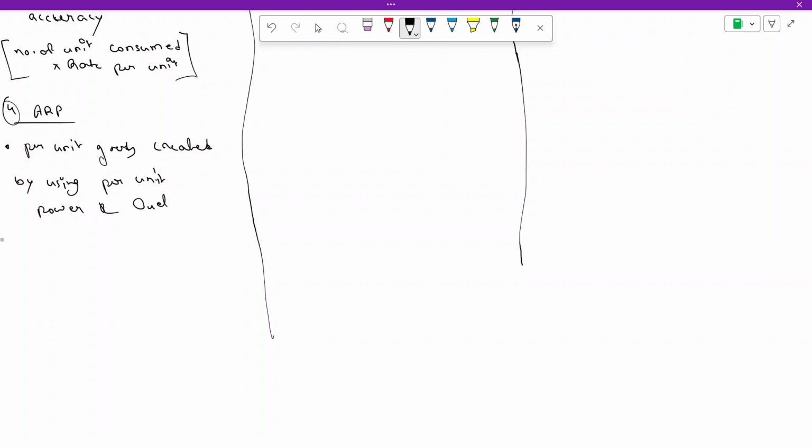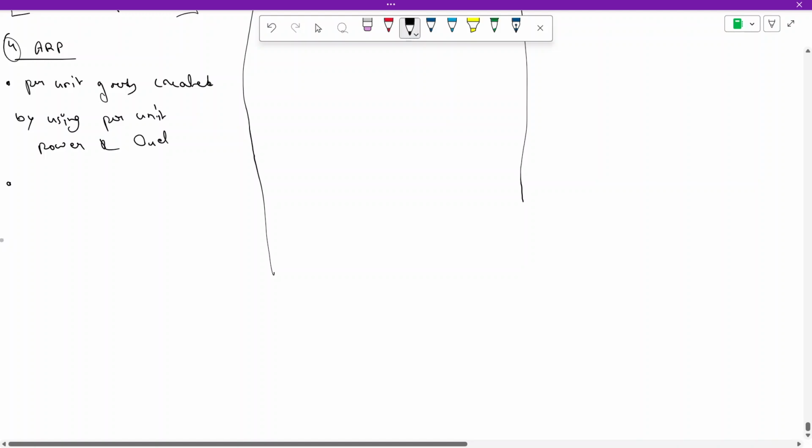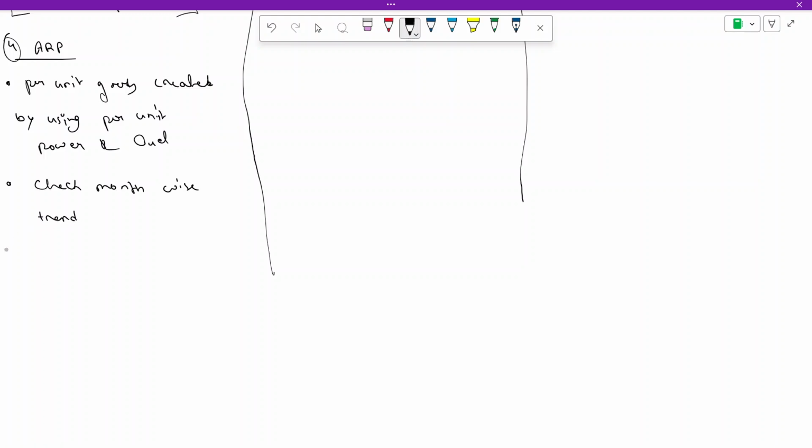Check month-wise trend and compare. And obviously, in case of significant variation, inquire with management.